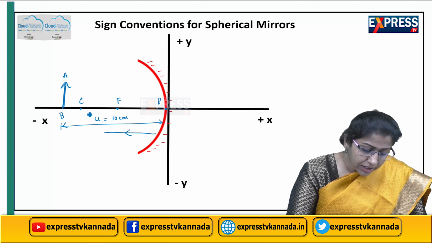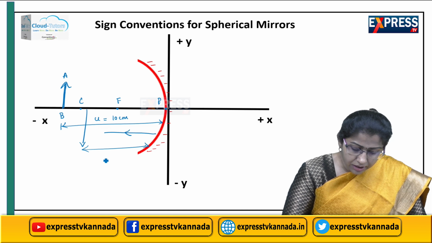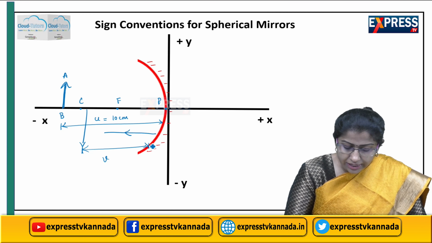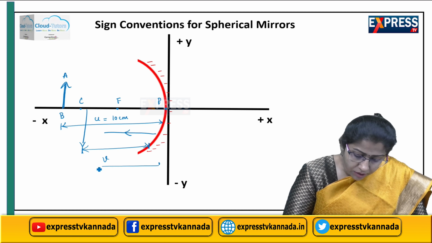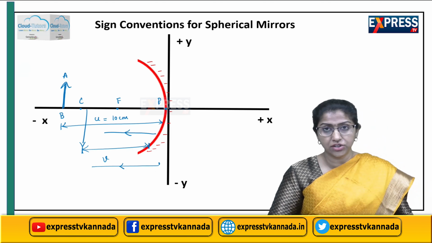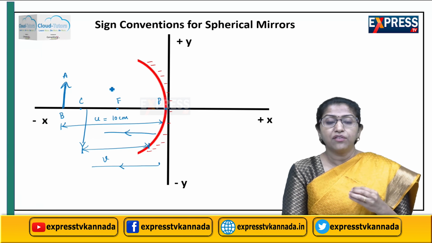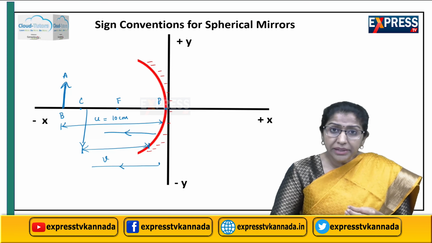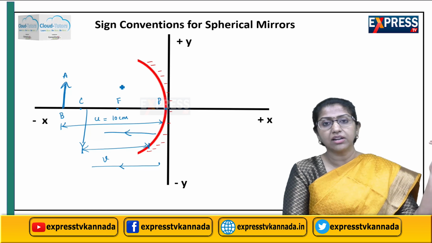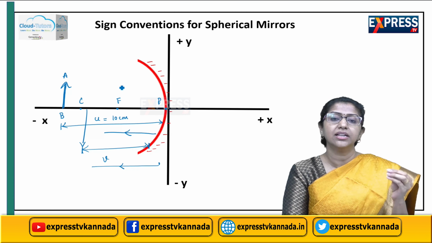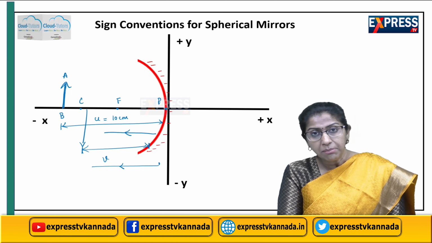If there is a real and inverted image formed somewhere here, the image distance v has to be measured starting from the pole and in this direction. Now, the incident rays falling onto the mirror surface are coming from an object, which reflects light rays onto the mirror surface.